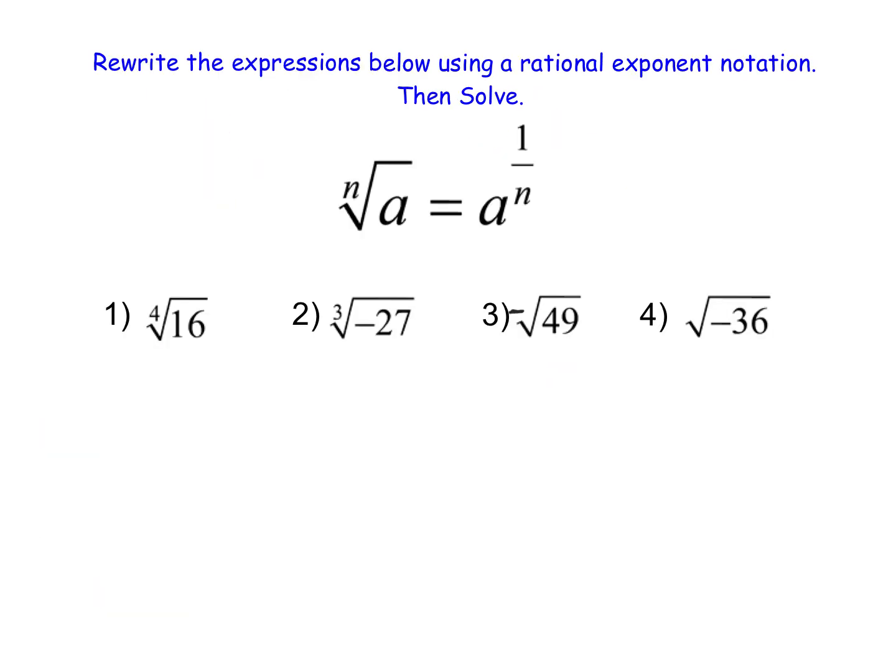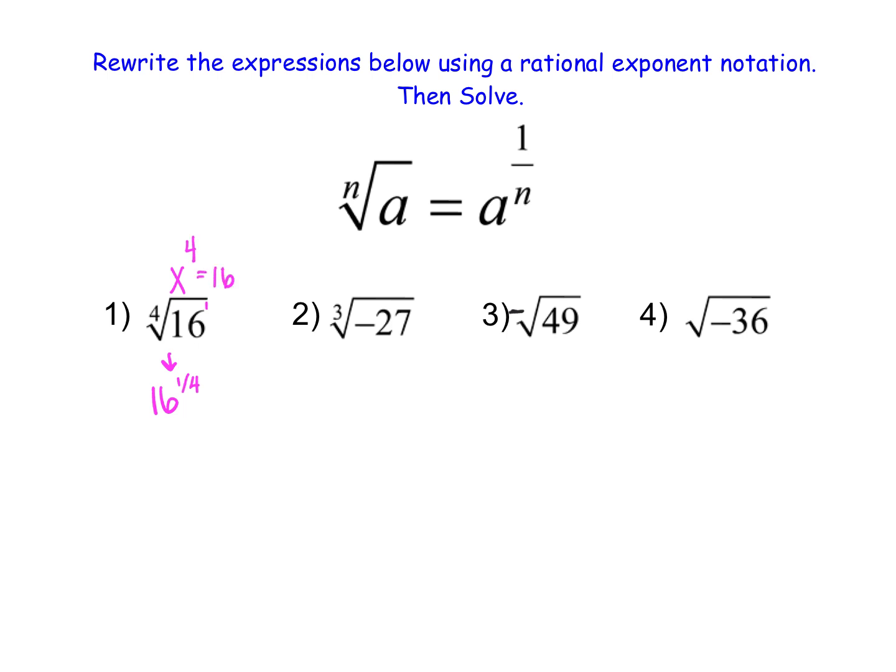So the instructions here ask us to rewrite the expressions below using a rational exponent and then to solve them. So this first one here, because this 16 has a power of 1, this would become 16 to the power of 1/4 as a rational exponent. Then from here, what we're trying to find is what number to the power of 4 gives us 16.